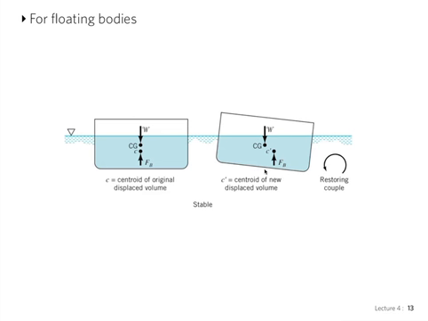And in these situations, it may happen that the object is stable even though the center of gravity is above the center of buoyancy. So it's more complicated in this case for floating bodies.